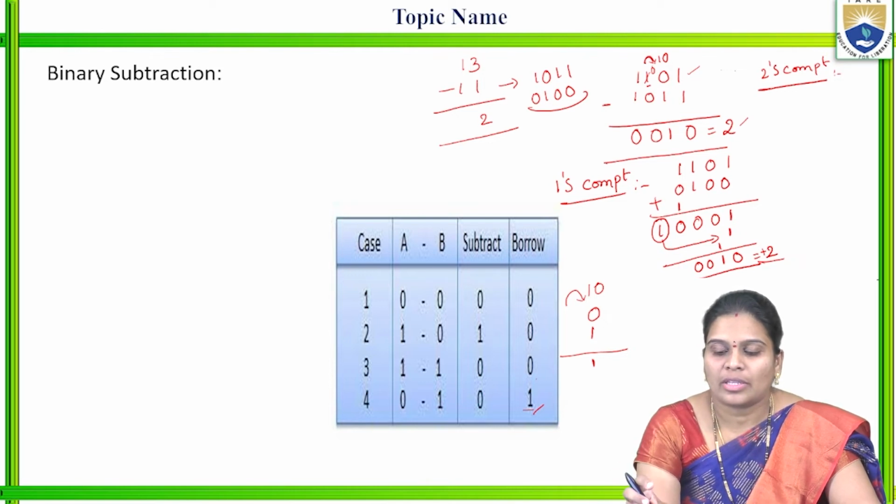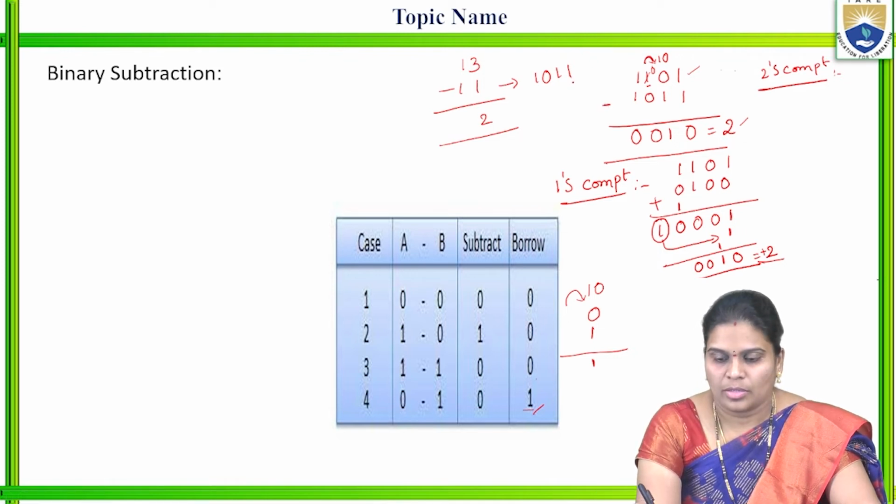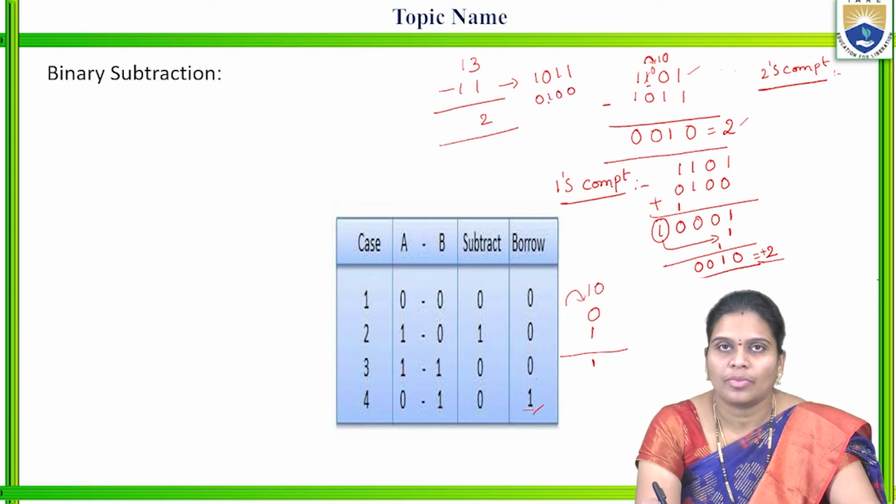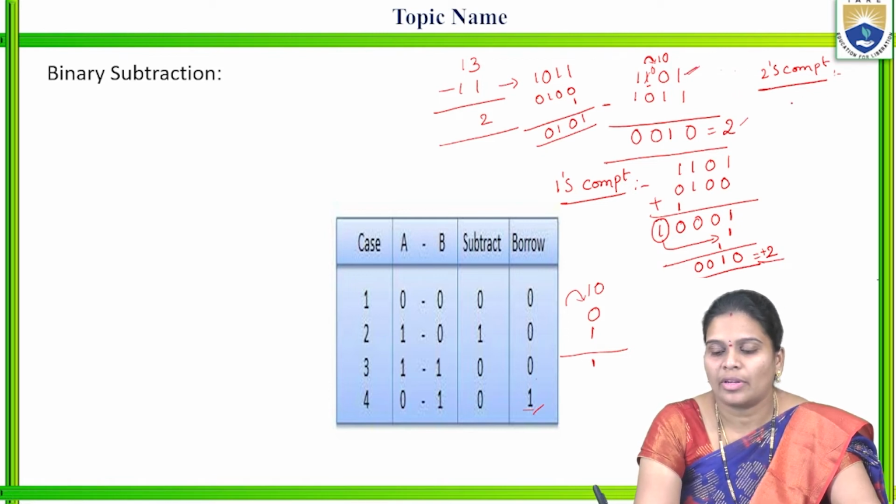Okay, so for this 11, we are applying the 2's complement. First apply the 1's complement of this one, 0, 1, 0, 0. Then add the 1 into the LSB bit, 0, 1, 0, 1. Okay, so in this 2's complement, first take the 13, 1, 1, 0, 1.